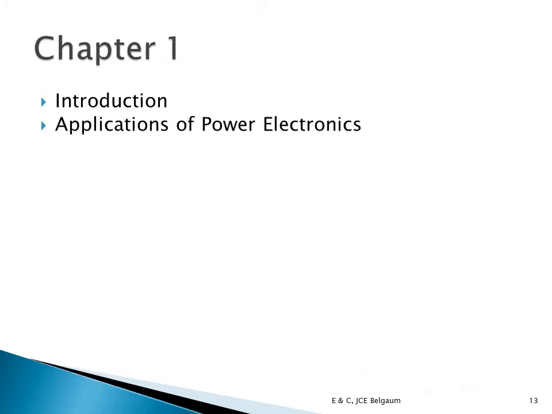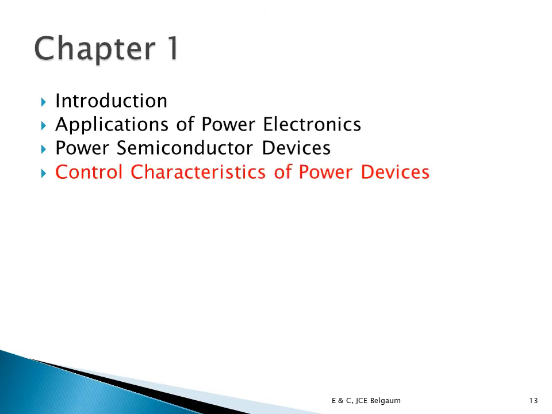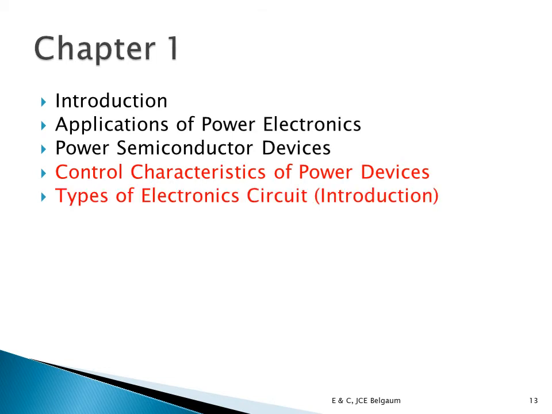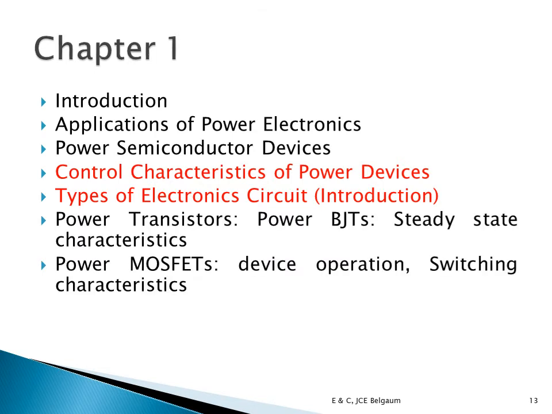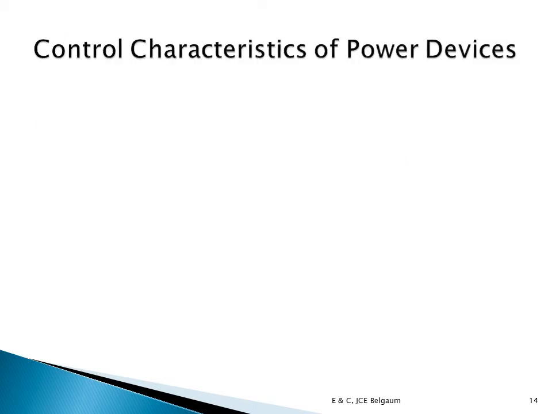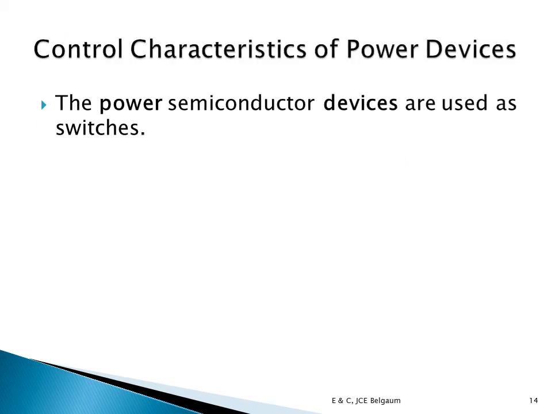So we have seen the introduction, and we have seen the applications of power electronics and power semiconductor devices. Today we are going to look at the control characteristics of power devices and types of electronic circuits. I will just introduce you to them today. So power transistors, BJTs, characteristics, MOSFET, IGBT, and now coming to the control characteristics of power devices.